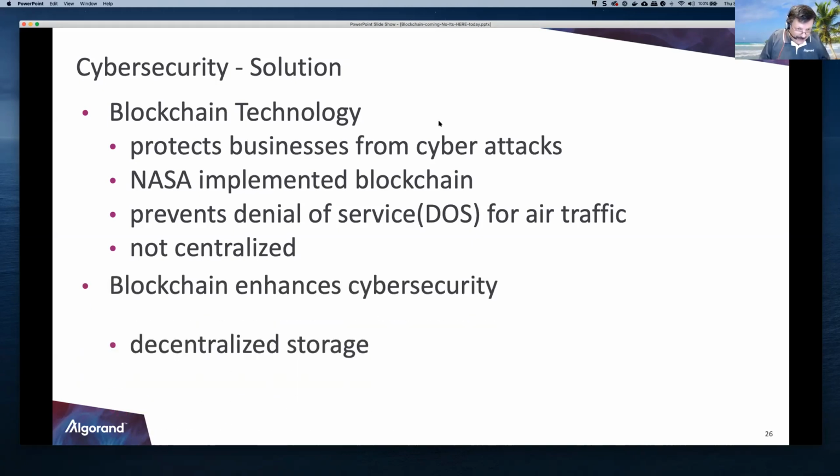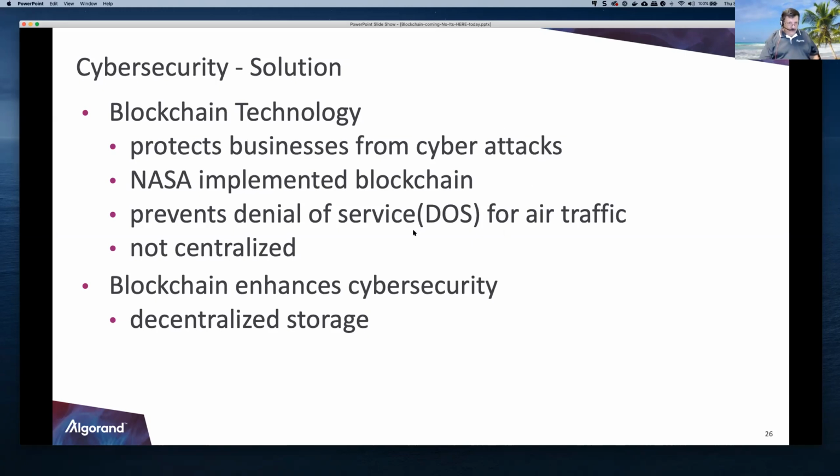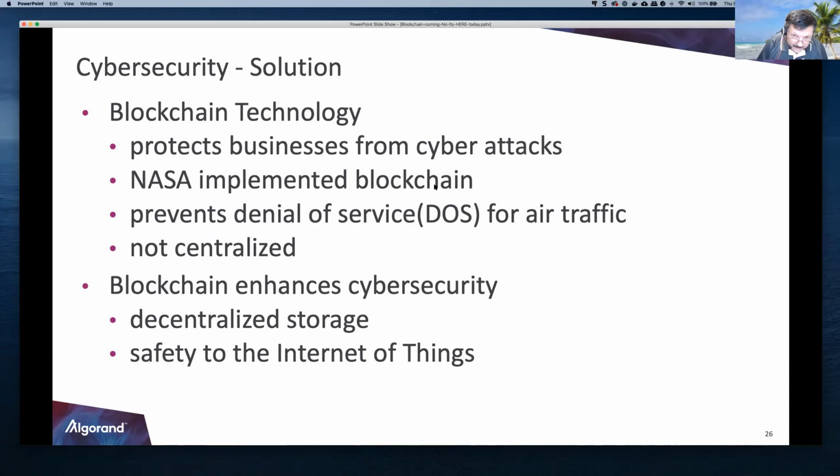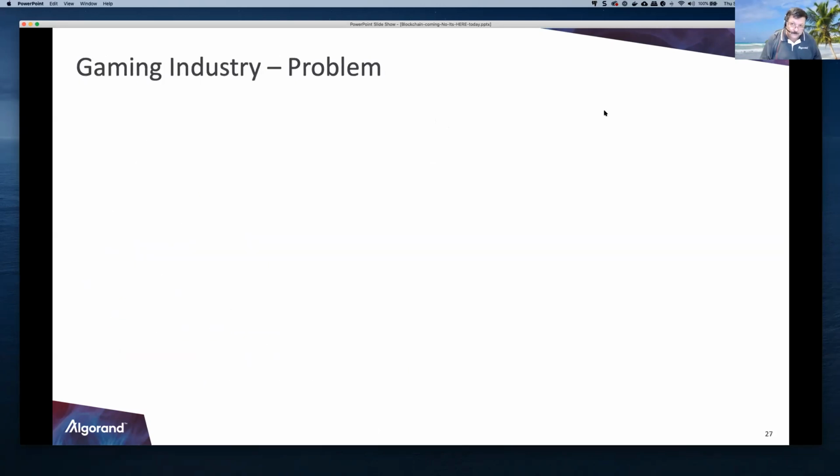And blockchain enhances cybersecurity through this decentralized storage. It's a safety net for the Internet of Things. You can run a node on a Raspberry Pi. That's how efficient it is. And now you've got a very secure way of capturing data and storing it as well by writing directly from that particular device. So secure private messages as well.